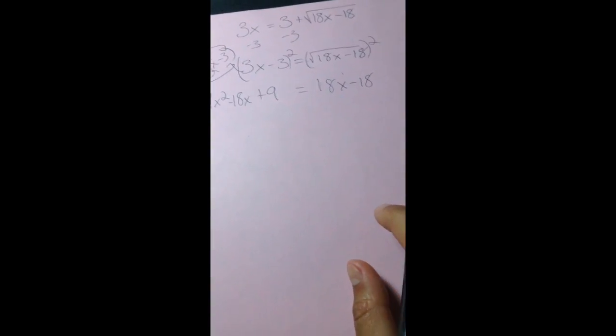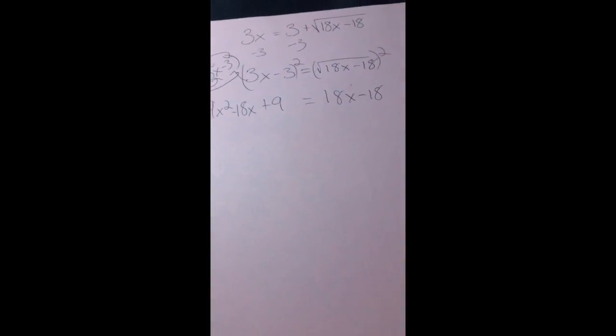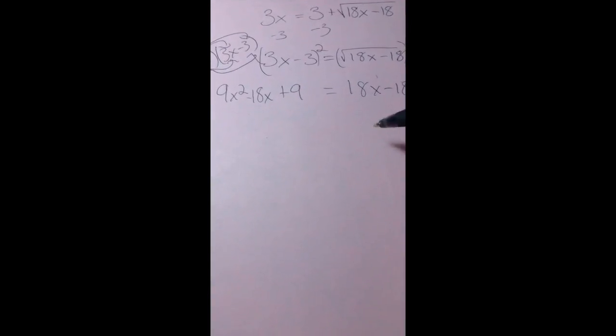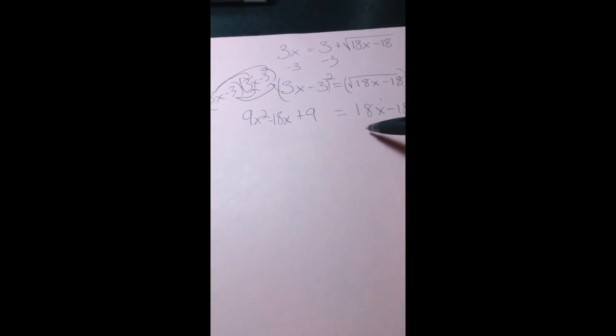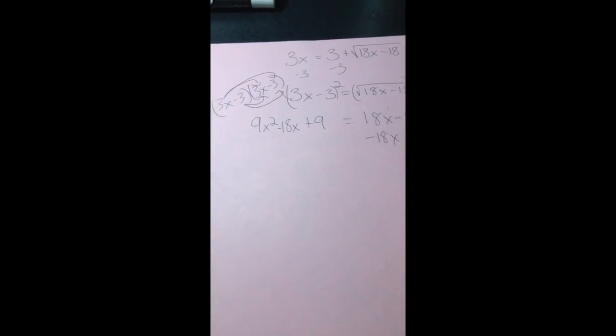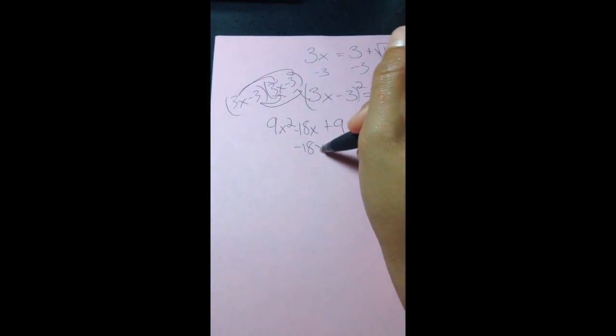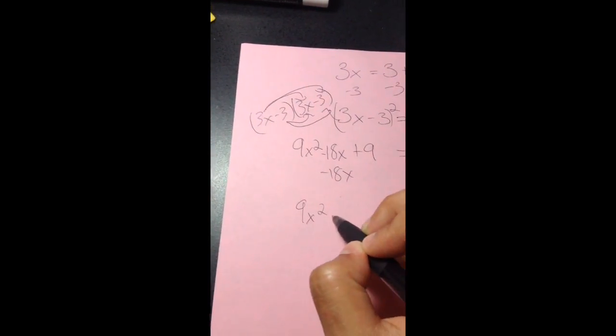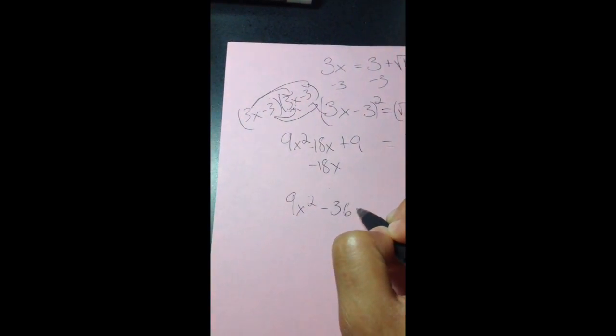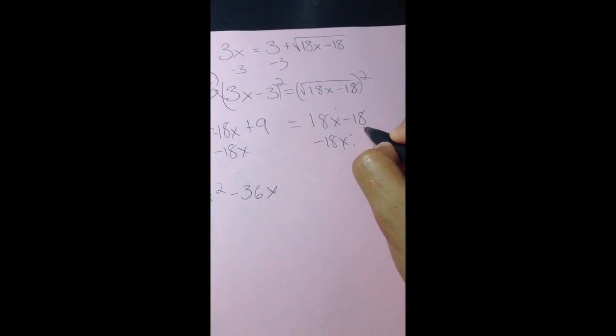So now what we want to do is combine the common terms. We'll move everything now to one side. So we're going to subtract 18x on both sides, and that's going to get us 9x squared minus 36x. And then we're also going to move over this negative 18.